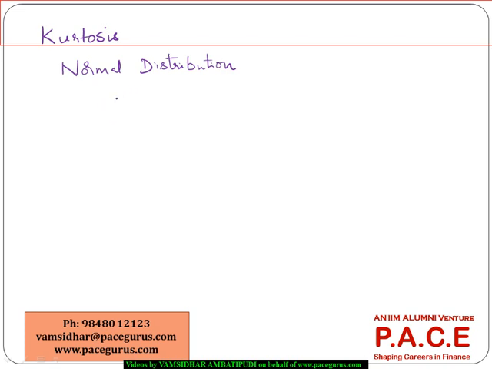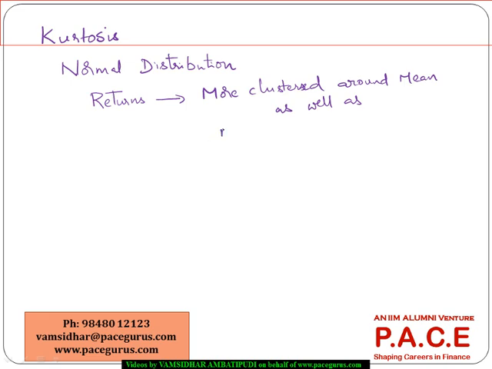Whereas there could be another scenario where I am looking at the returns or values more clustered around the mean, and also more extreme, more in the tails, more in the extremes.